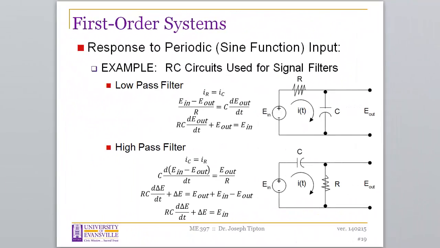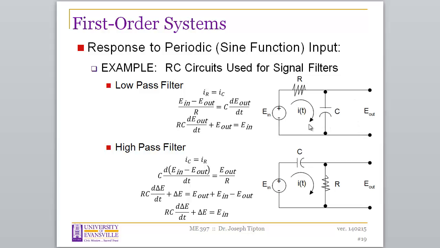And finally, we'll see exactly how the RC circuit acts as a first-order system, for instance the low-pass filter. Here's my RC circuit. I have my signal coming through a resistor in series and a capacitor in parallel, and I'm measuring my output in parallel with the capacitor.